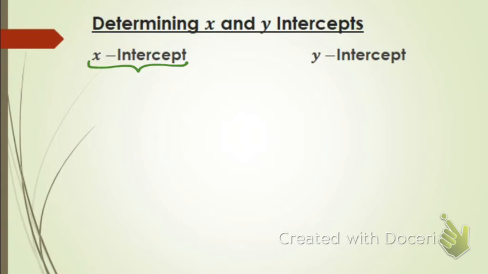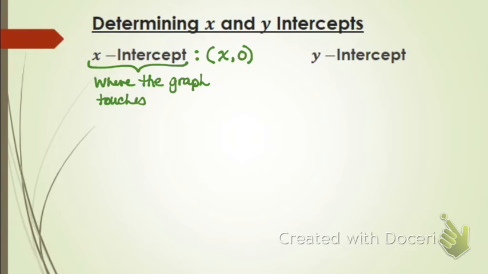Yes, it's going to be some number and then 0 when I think about the ordered pair. This is where the graph touches or crosses the x-axis.